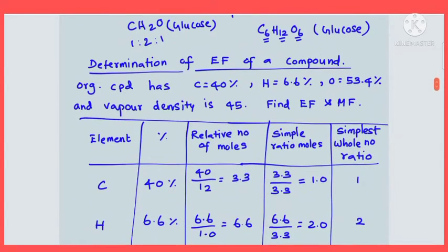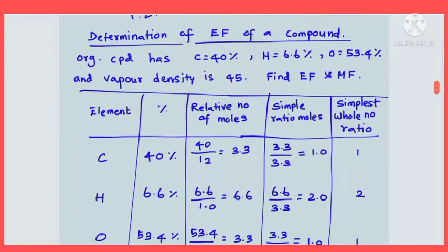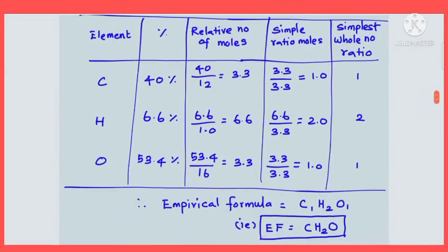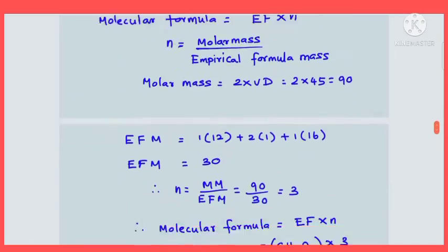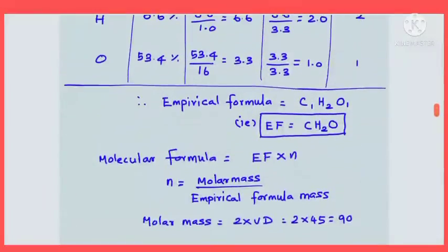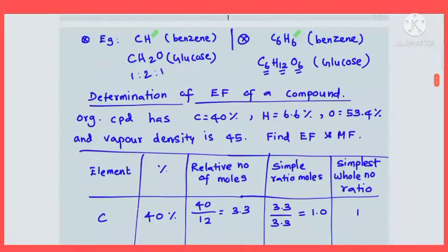Now we are going to see how to find the empirical formula, followed by the molecular formula, of a compound from the percentage composition of the compound. Let us see example number 1.